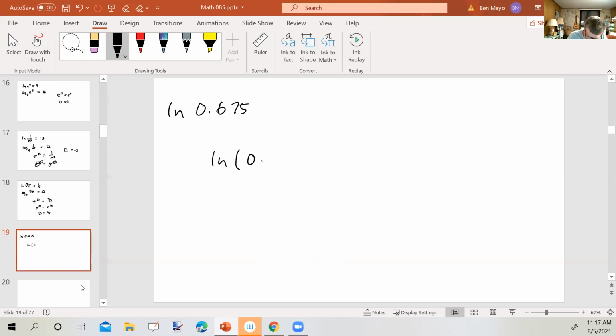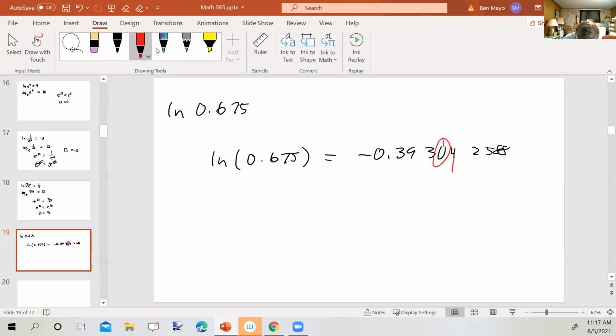Then I'm going to put in 0.675, close it up, push equals, and I get negative 0.393042588. Again, it says to round to 4 decimal places. The 4 would round down. So we're going to get negative 0.3930.